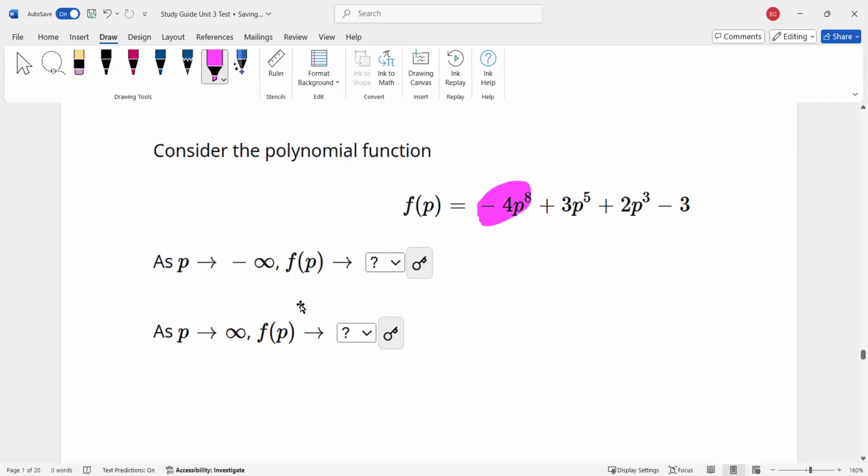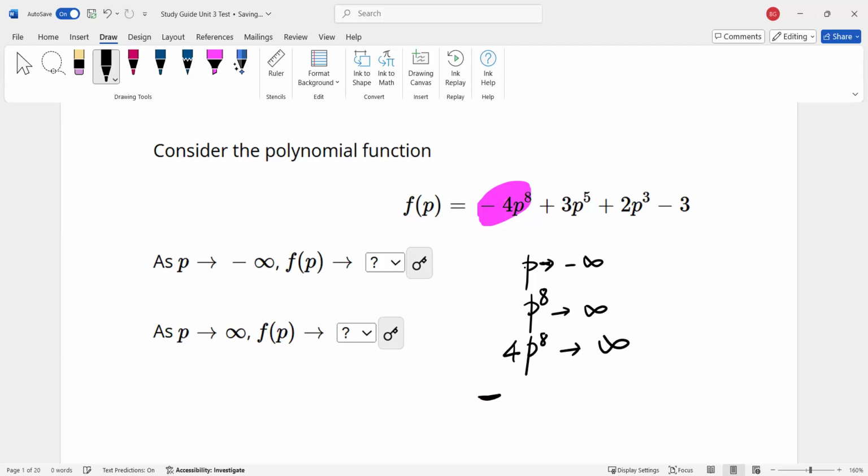When p approaches negative infinity, p to the power of 8 approaches positive infinity because 8 is even. And 94p to the power of 8 is still positive infinity.